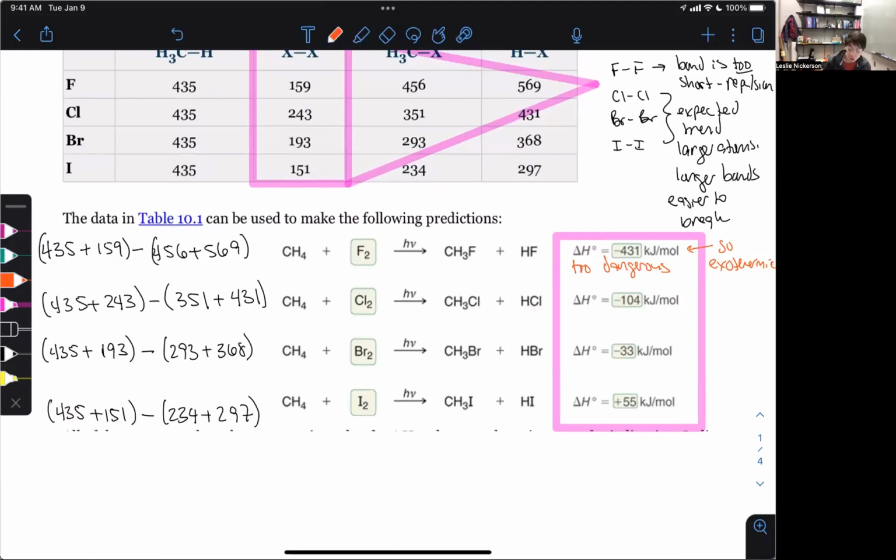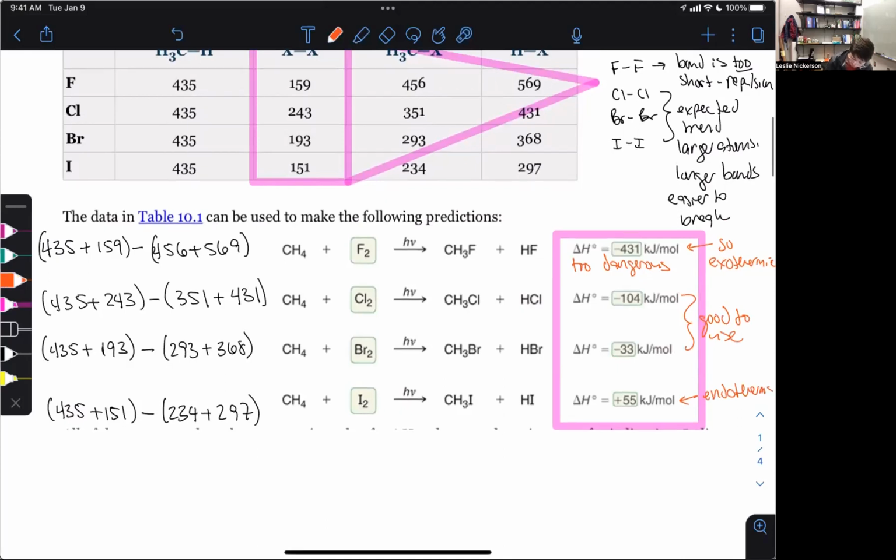So when we get to chlorine and bromine, these are both exothermic reactions. We can see that chlorine is significantly more exothermic than bromine, but that is mostly going to end up in terms of rate. And we'll talk about why this difference is actually important as well. These are both good to use. And then if we look down at the iodine one, this is actually endothermic.